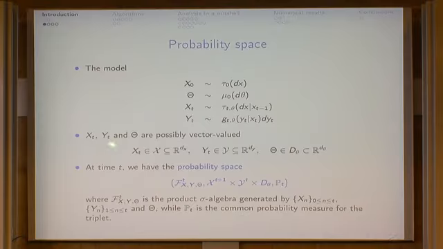The state, the observations, the parameters can be vector valued, arbitrary dimension. And of course, we can build a probability space so that at time t, I have this capital P sub t that describes the joint probability for my sequence of states, my sequence of observations, and my parameter.